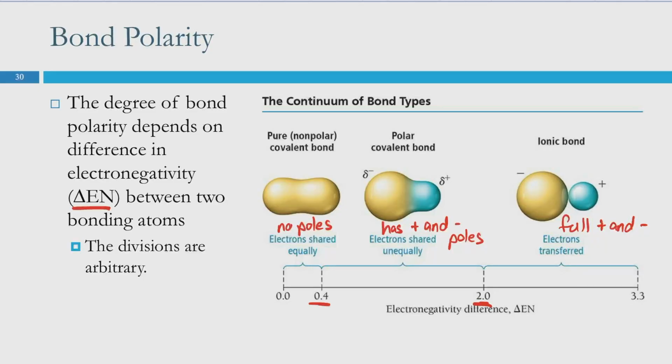They're not even sharing anymore. It's just straight up the cation, the anion, a full-on electron transfer. So learning these 0.4 and 2.0 difference marks can be helpful for determining the difference if you've got electronegativity values on hand, like if you've got the yellow sheet, for example.